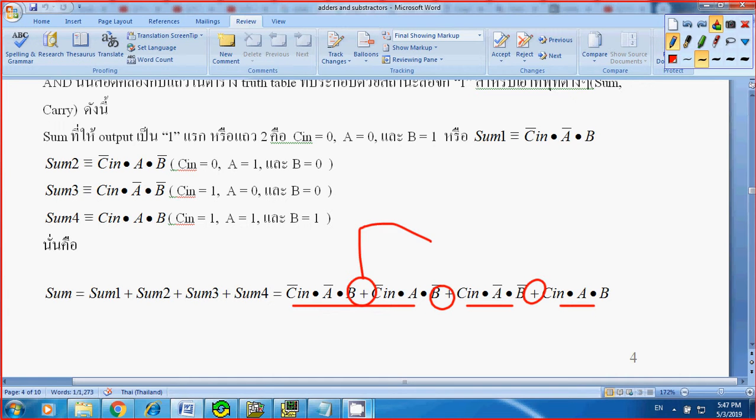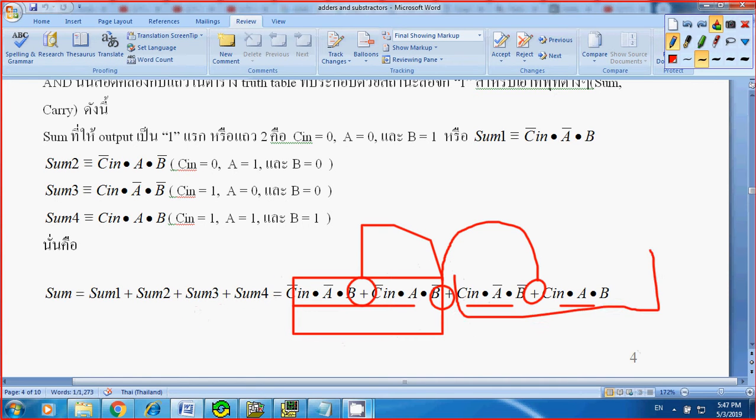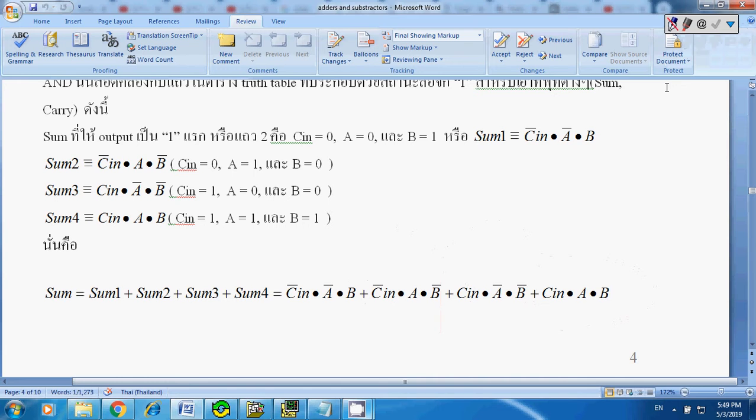As in, you need OR gates to combine the third term together. And you can see it in the circuit that I drew for you.